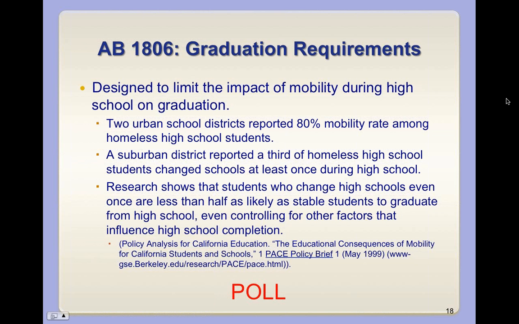If you'd like to share what those negative consequences were, you're welcome to type those into the chat box, or not. I would be interested to hear what some of those might have been in your experience directly with students. And then, of course, some of you have never heard of this being a problem, and that's great. If that's the case, then it may be that AB 1806 isn't something that you will end up working with all that much. But for the rest of you, let's go ahead and talk about what AB 1806 really says.